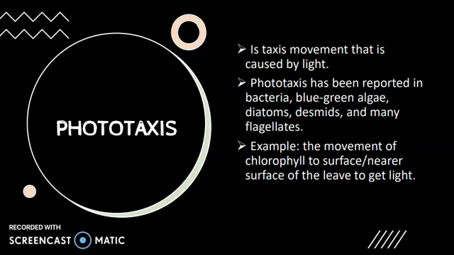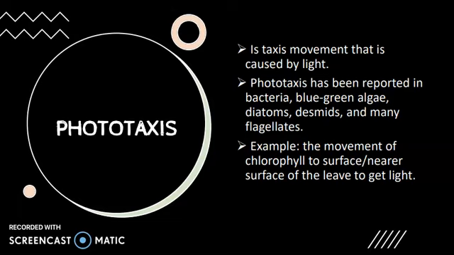Based on this slide, photostasis is the first type of axis movement in plants. Photostasis involves the movement of an organism or its whole body in response to light. For example, among plant organelles, chloroplasts change their position in response to light.